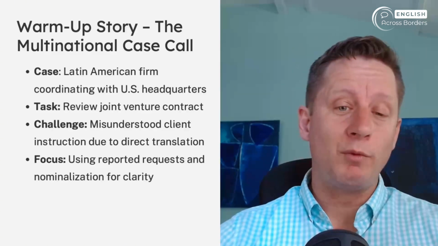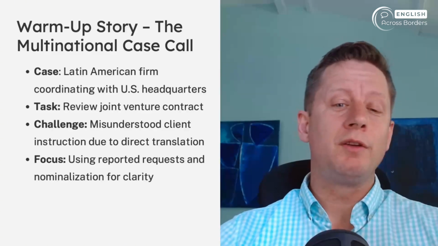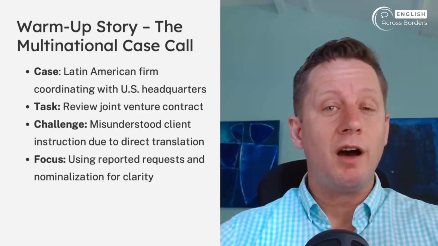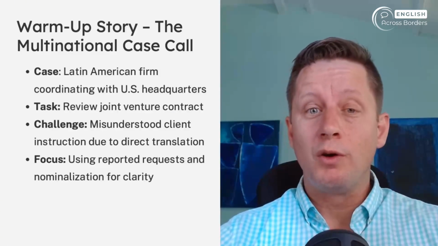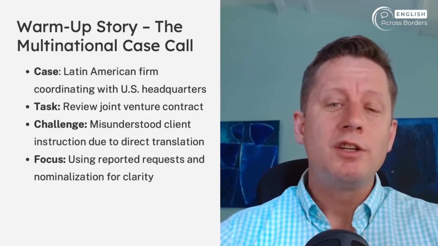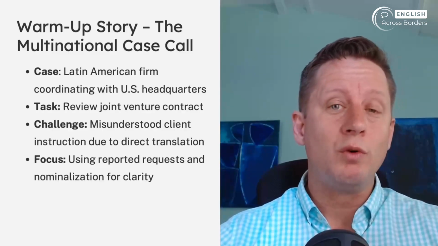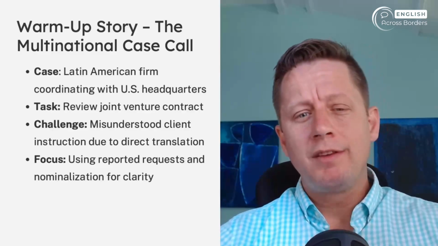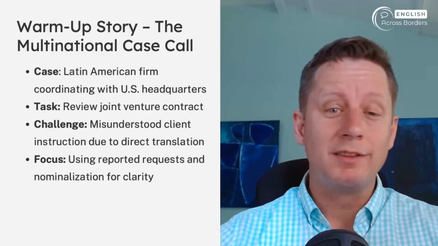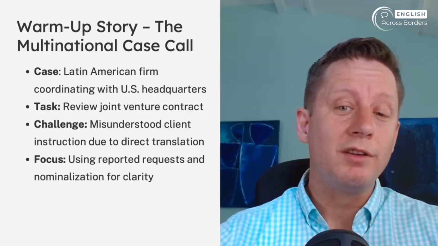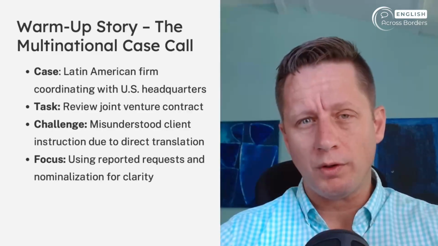Later, when summarizing the outcome, the associate writes, "Following the discussion, the modification of the dispute resolution clause was approved." That's nominalization in practice, transforming an action into a formal statement suitable for a client report. This story shows how grammar choices can affect meaning, professionalism, and trust when lawyers work across borders.